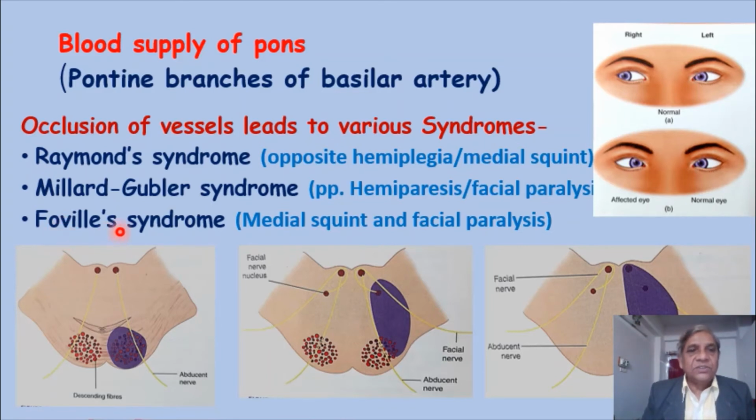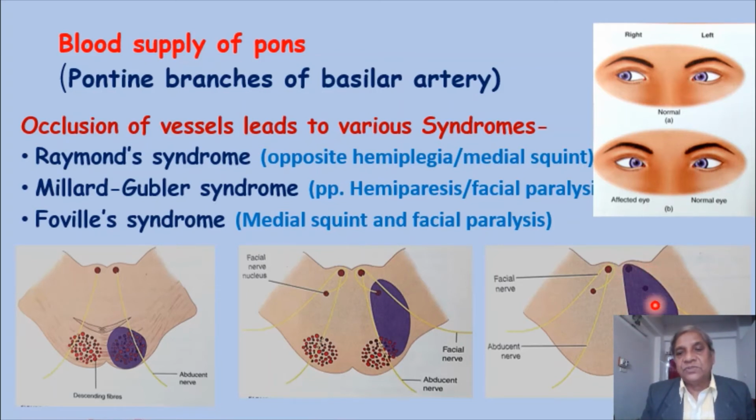The third syndrome is when a more extensive area is involved, called Foville syndrome. Here again there is medial squint due to interruption of the pathway of the abducent nerve and the facial nerve.